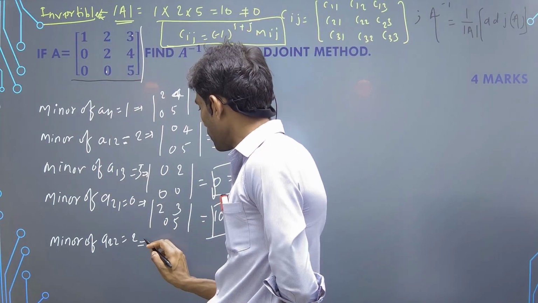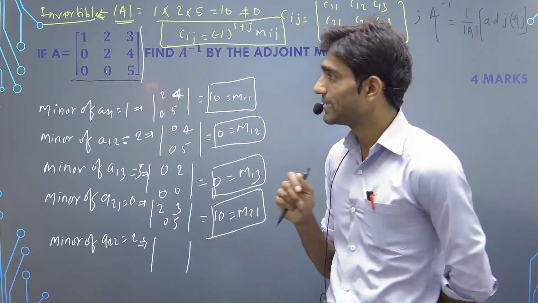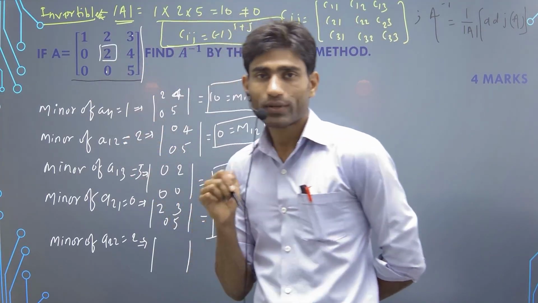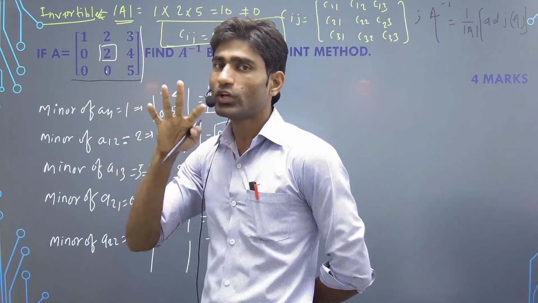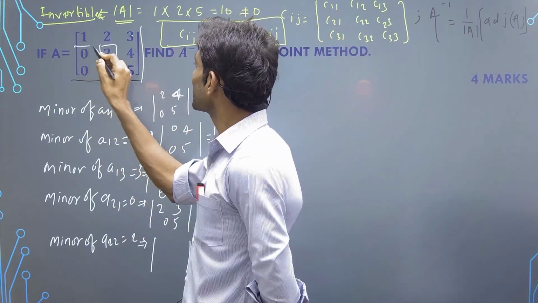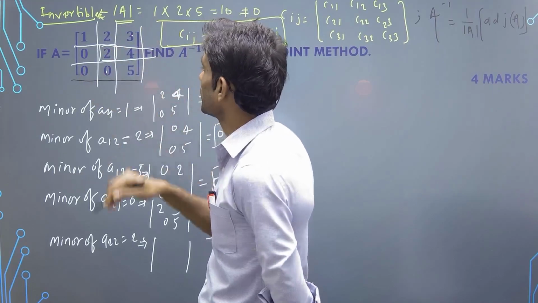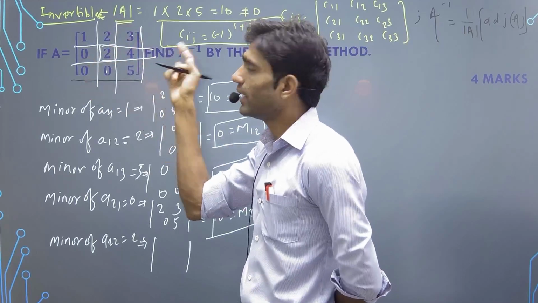We want the minor of A22, that means it is some sort of 2 by 2 determinant. First of all, we make a bracket for that 2. Once we make the bracket, extend that bracket horizontally and vertically. I extended this bracket upper side, lower side, left, right, all the sides.